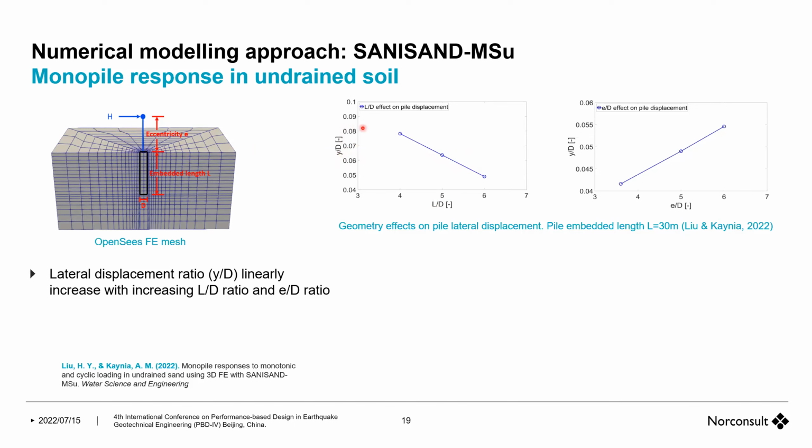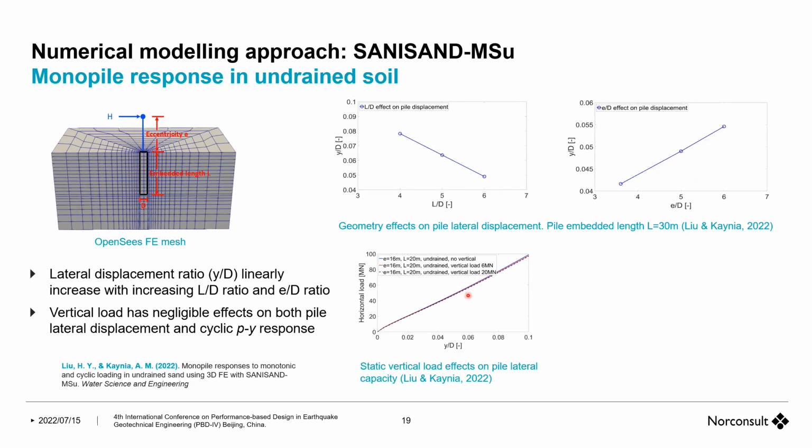So as expected, as the length increases, there is less displacement, and this is the effect of eccentricity. As eccentricity increases, the load is higher and higher. You could see that there is again larger displacement as this curve. Again, surprisingly linear feature.